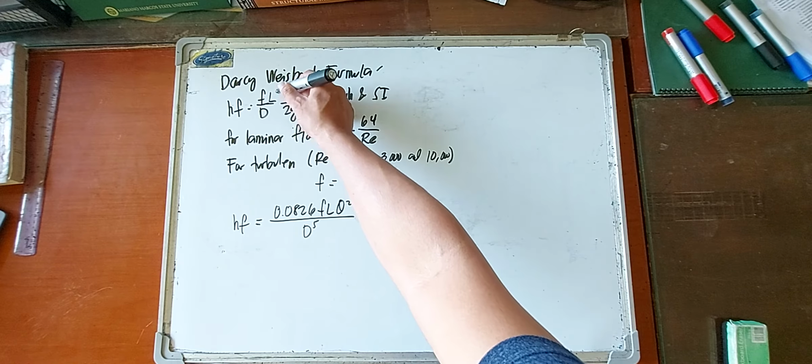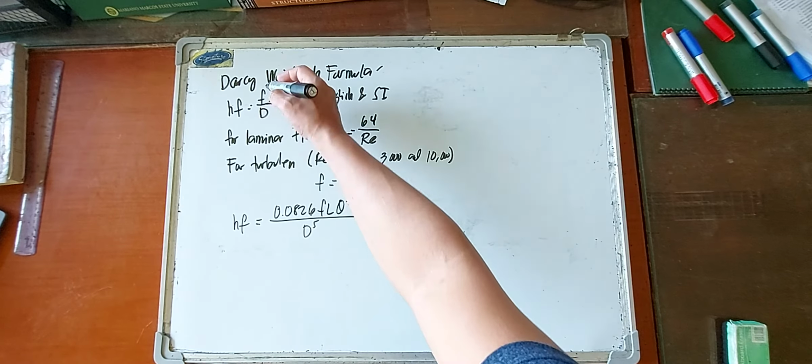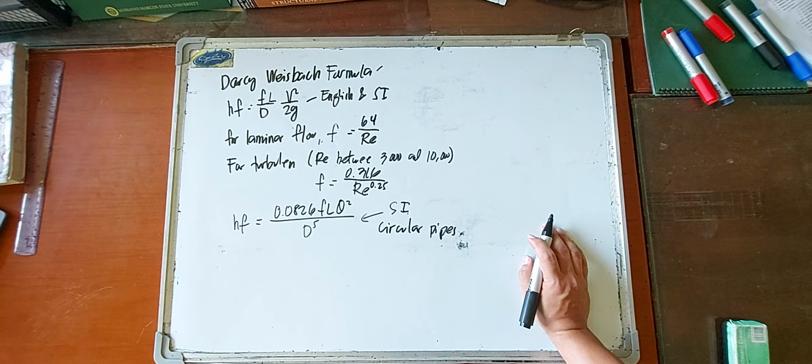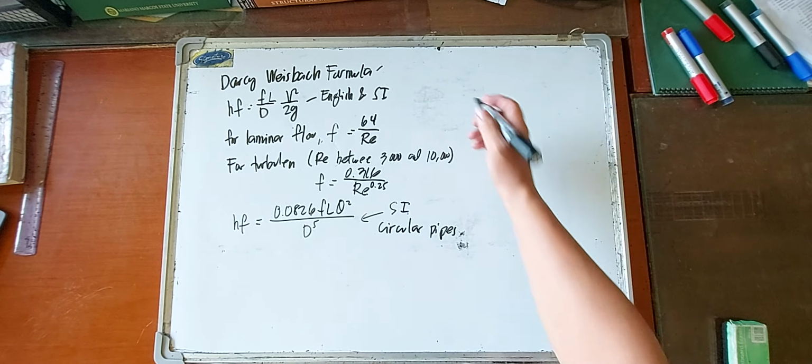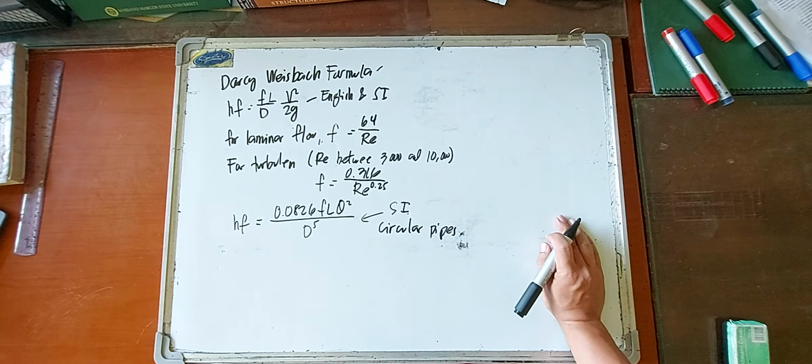L is the length of the pipe, V is the velocity, D is the diameter, and F is the friction factor. Okay, this is applicable for both English and the SI system of units.